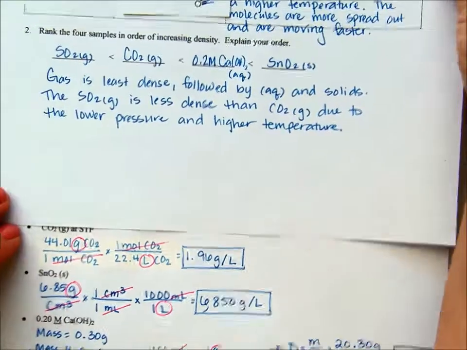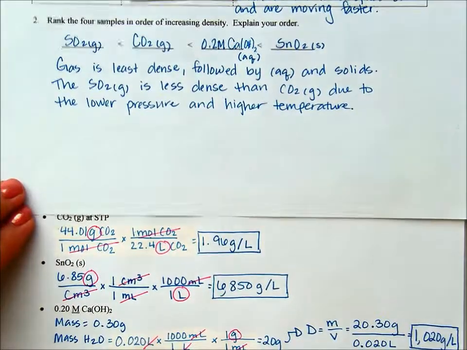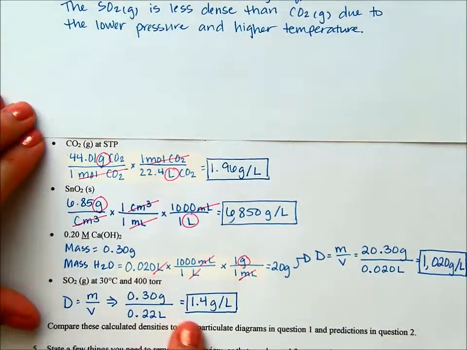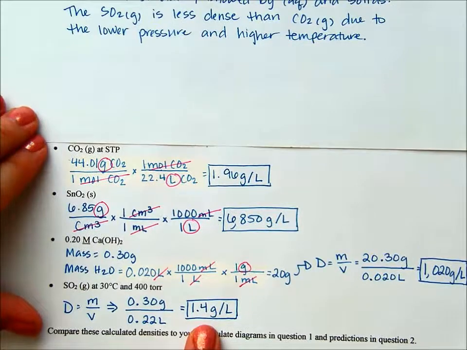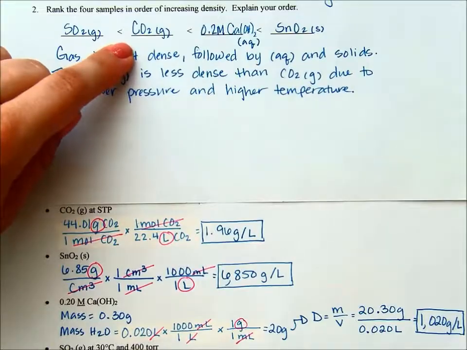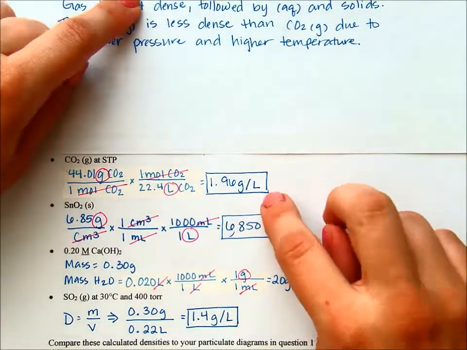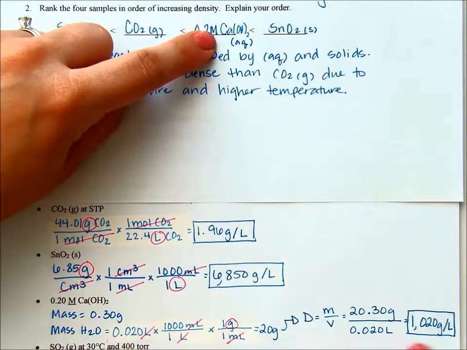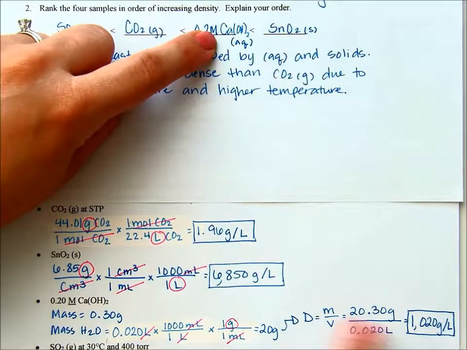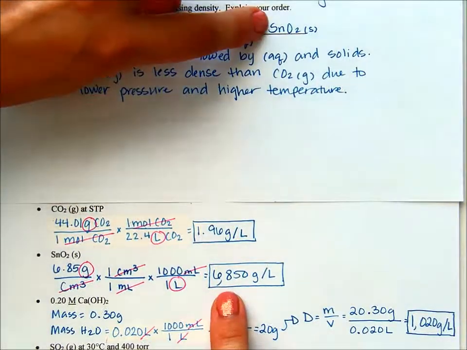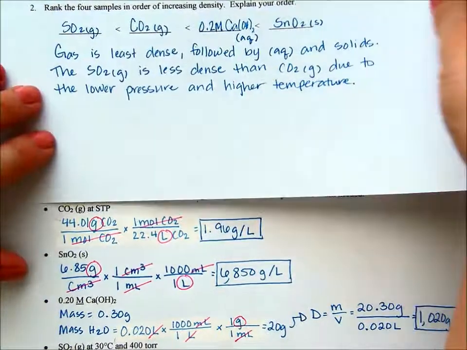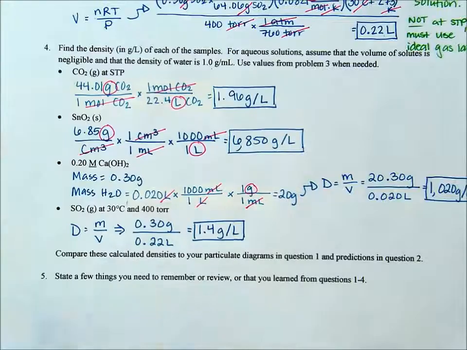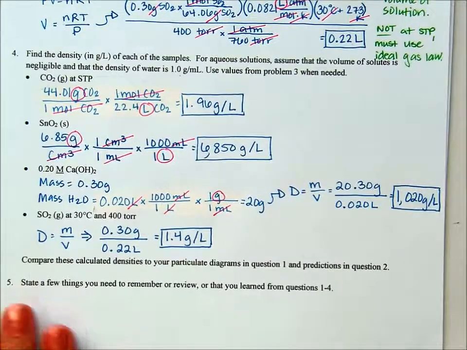Yes, it's only 1.4 grams per liter. Followed by CO2, and CO2 is 1.96. That's the next dense. Followed by calcium hydroxide, which, yes, that is the next one. And then the most dense, of course, being our tin oxide here. So we were correct in our predictions, and our math backs us up on that.